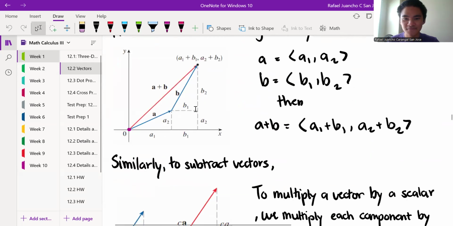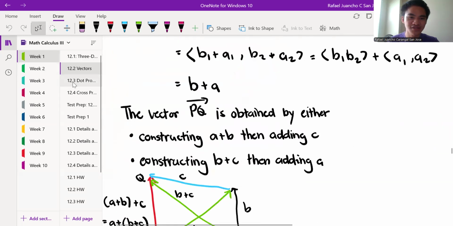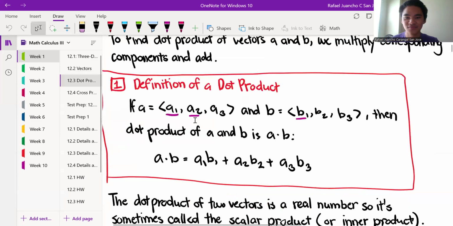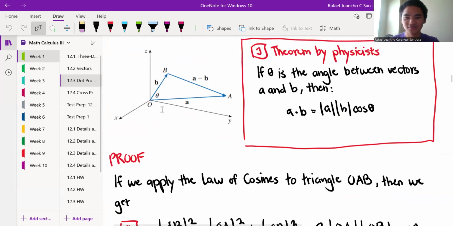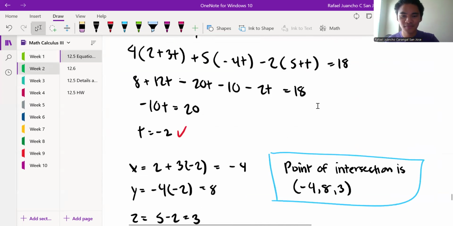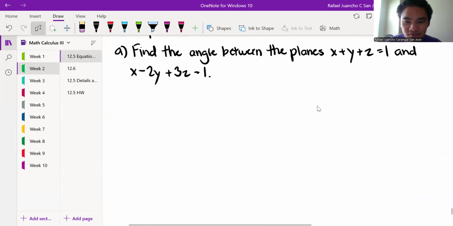Where was it? It is the dot product. You get the dot product of two vectors and you get their angle. So we're going to use that fact here.